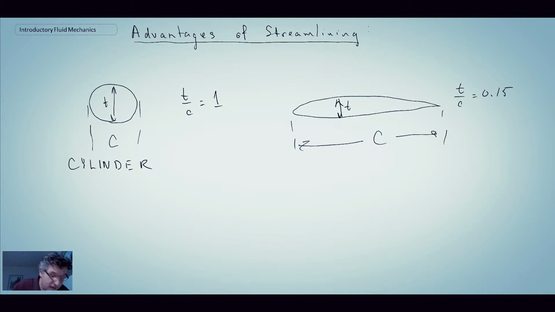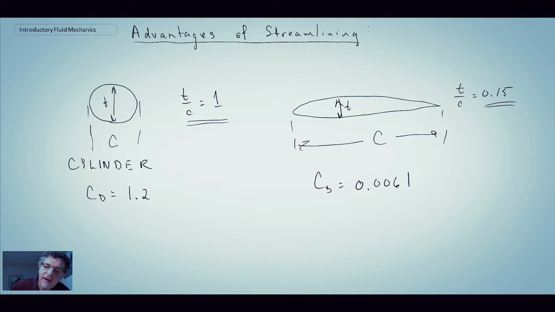Looking at the drag coefficient, we saw for the cylinder about 1.2, and the drag coefficient for NACA 0015 is actually 0.061, significantly less.